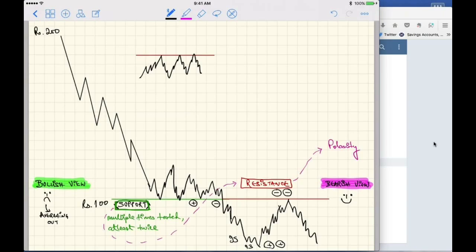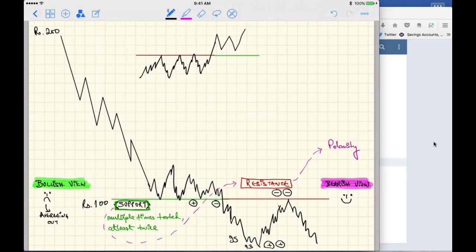I can clearly see that this is a resistance. And if finally this resistance is breached, this resistance will change its nature and become support. And it will give you support like this.